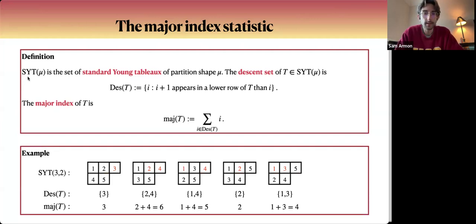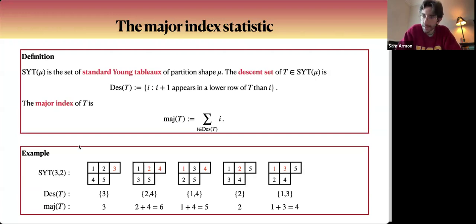The set of standard Young tableaux of a partition shape is just the set of all fillings of that partition shape. So down here, for instance, I have the partition 3, 2. I consider all possible ways to fill that partition shape with the numbers 1 through n, in this case 5, such that the numbers increase along rows and down columns.